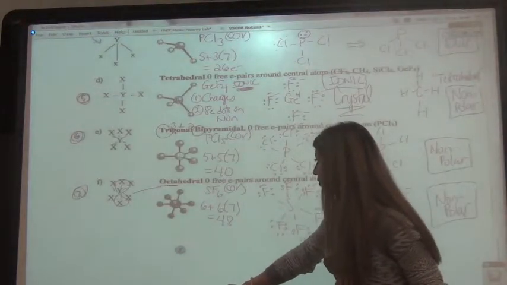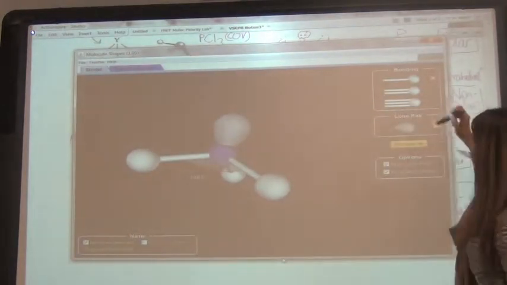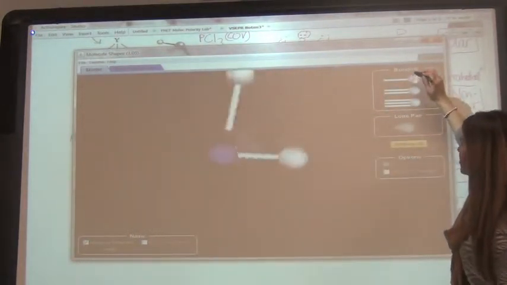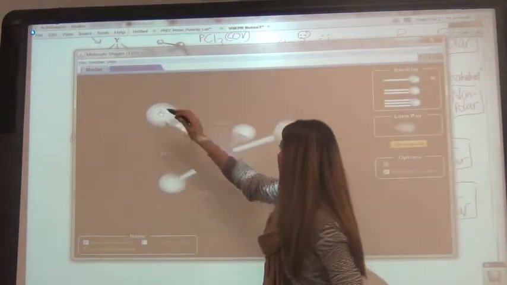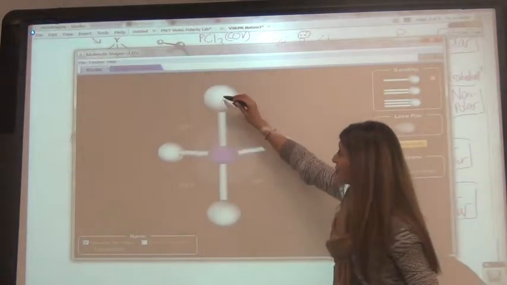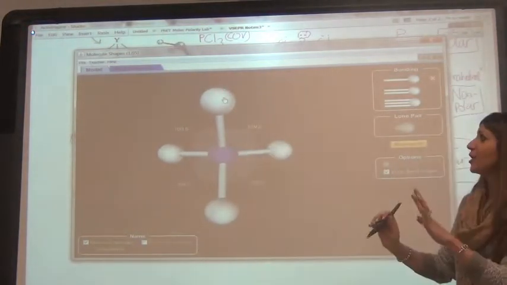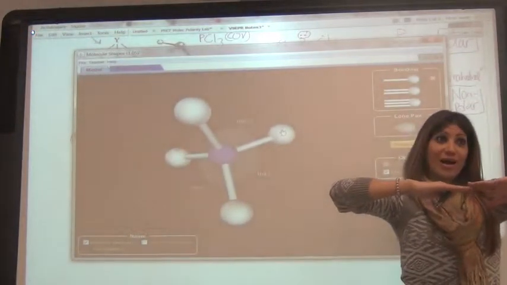Okay, let me just show you what that looks like on here. So I'm just going to remove all, and I'm going to add 1, 2, 3, 4, 5. Let me remove one of these so you can see tetrahedral. It's kind of weird though because it's not really 1, 2, 3, 4 like we draw it.